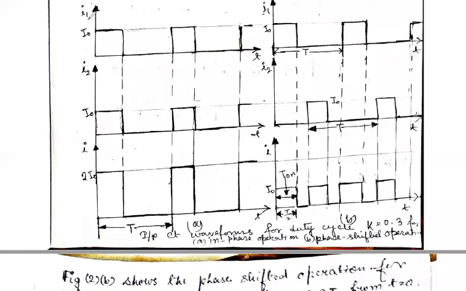So this is I1 and this is I2. In the in-phase operation mode, when the chopper CH1 is on, the current flowing through CH1 is I1. During this time CH1 is on and current I1 is flowing.